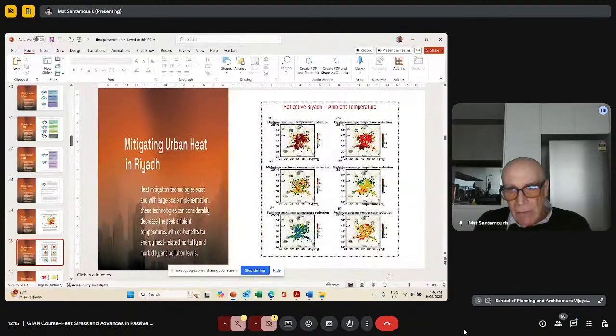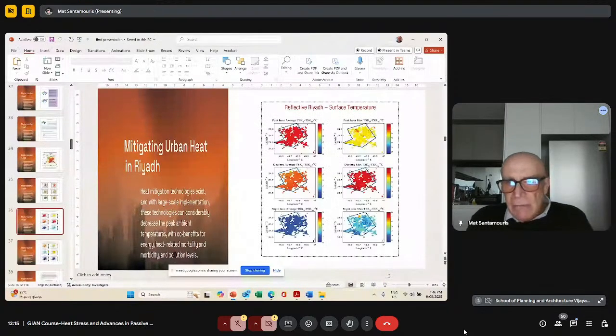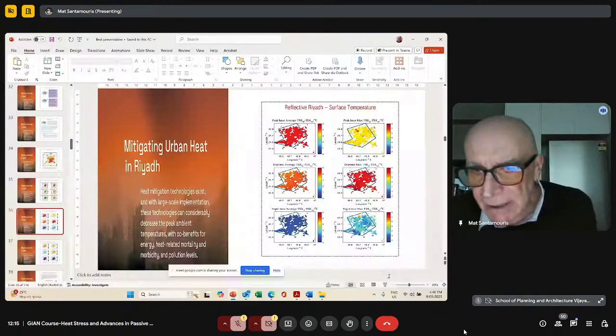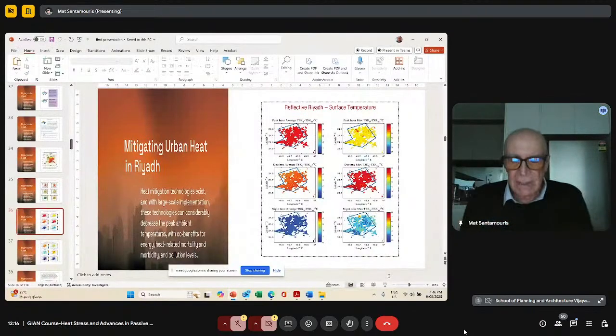In this case, we have a dissipation of excess heat, and this helps decrease the temperature during the night. But the main impact is during the day, and as I repeated before, it's between 1 to 1.5 degrees.